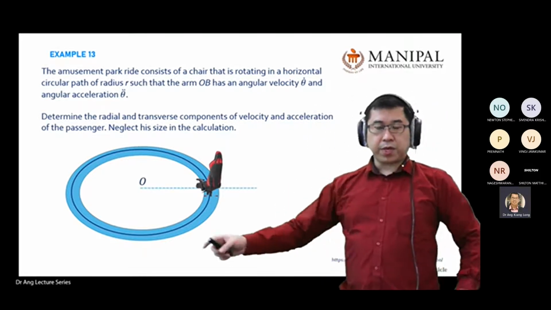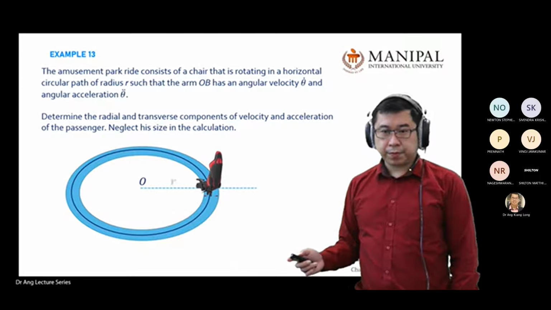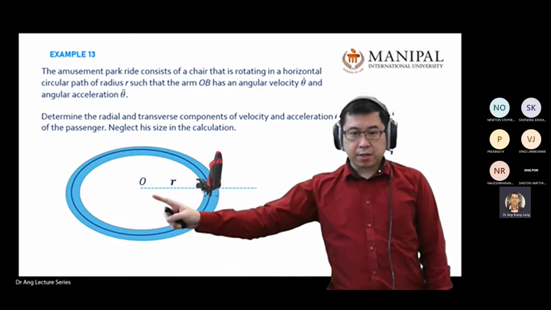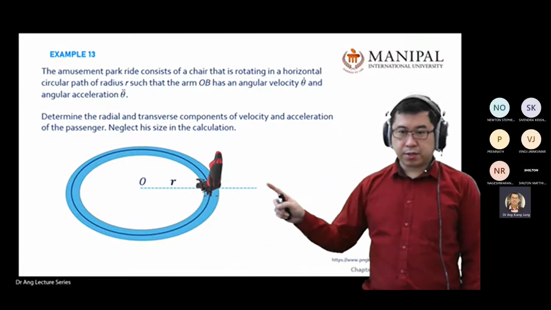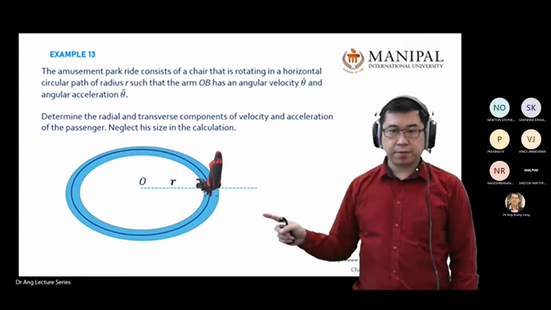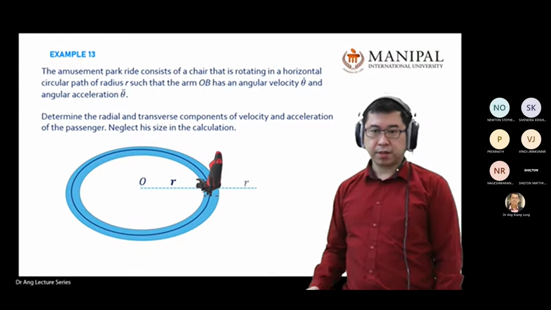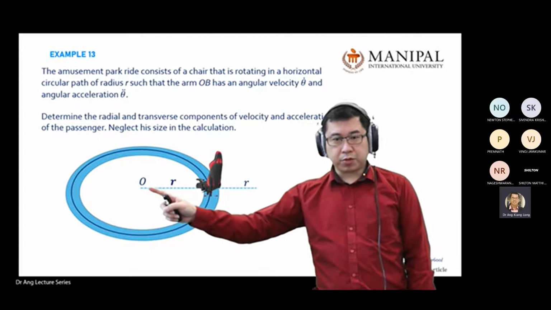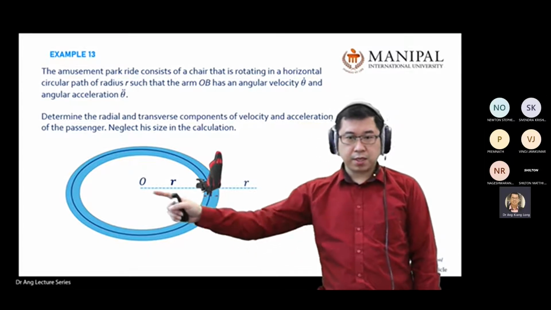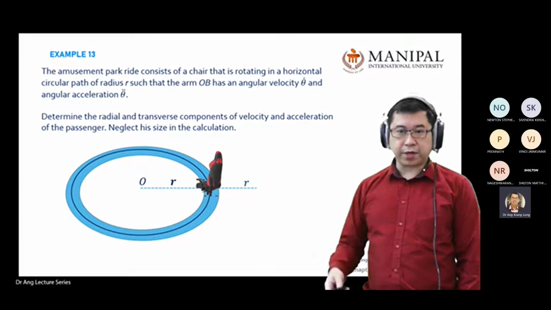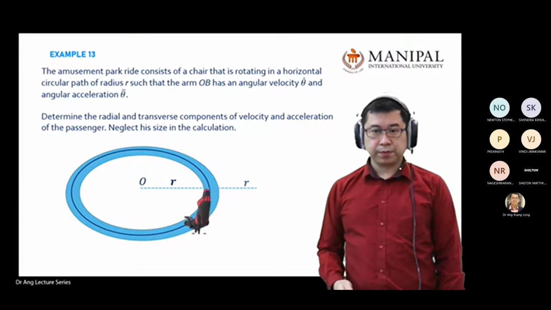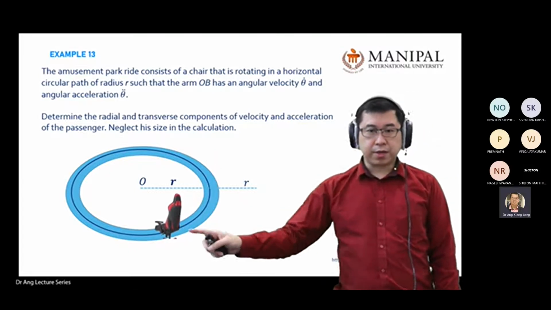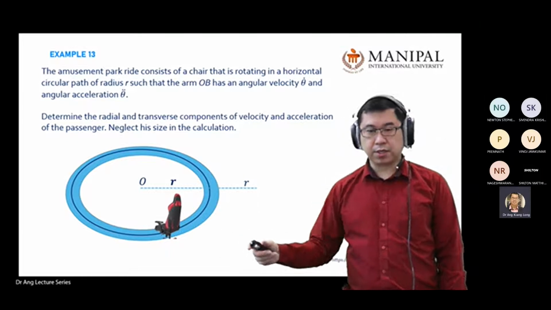Okay, so you have the origin O. This is your R axis, or your radial axis, with a chair. R is the position from 0 to here, and there is an axis of radial. So this chair will rotate in this direction.